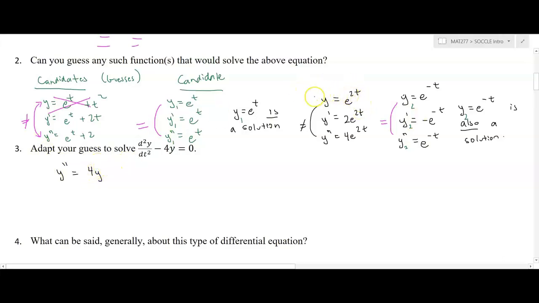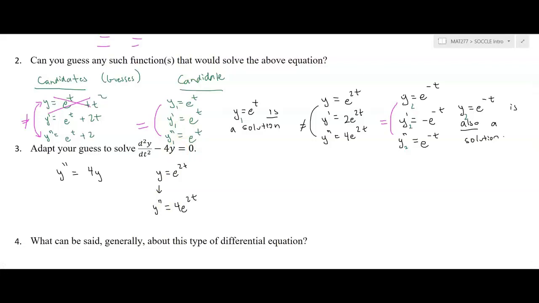And if I look at one of my guesses here, or one of the things I was playing around with, if I chose y equals e to the 2t, then its second derivative, we've already calculated, is 4e to the 2t. And check this out.